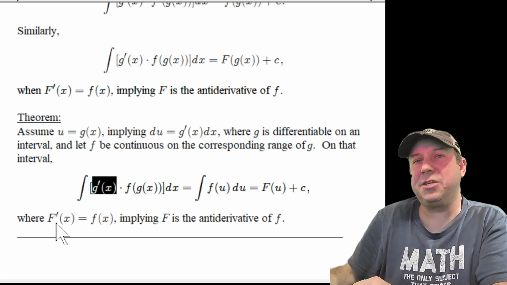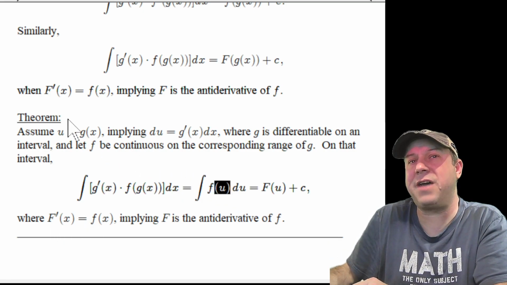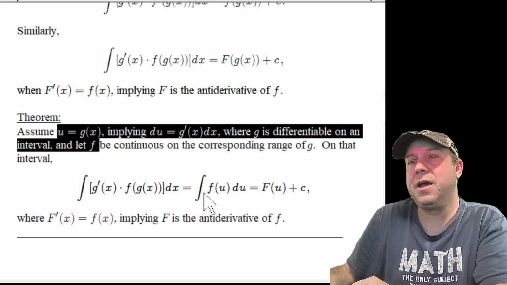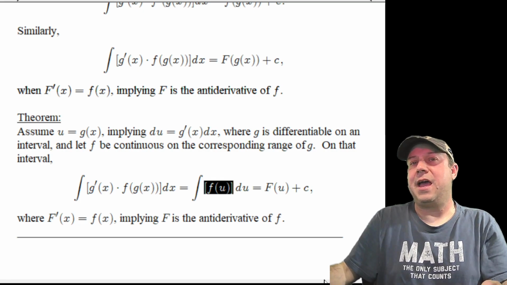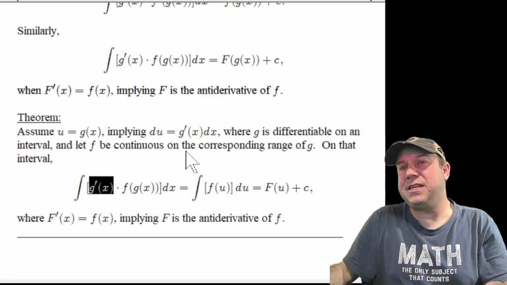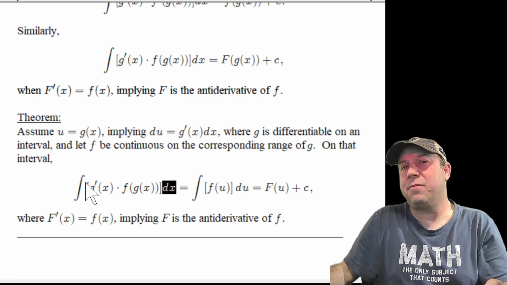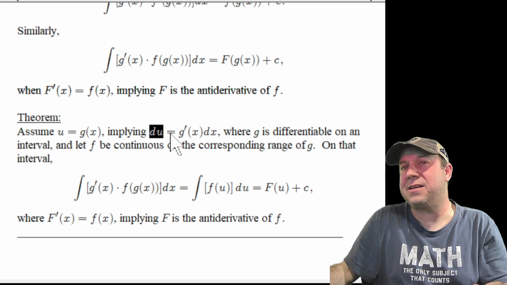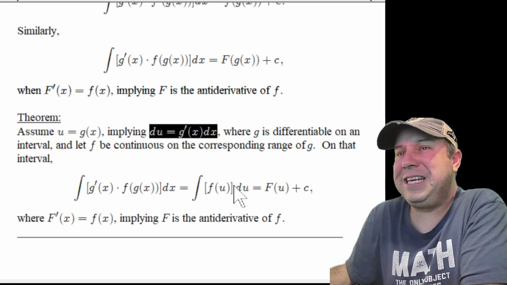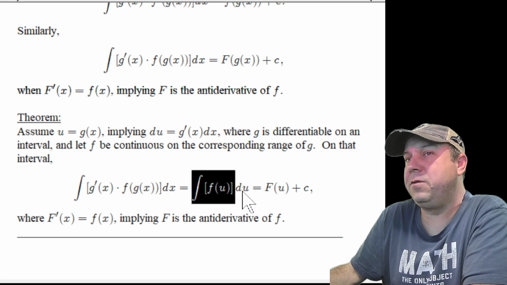With that substitution, I can substitute out this value of g of x with the value of u, and I can say my integrand turns into f at u, and the value of g prime of x dx, right, that factor times this differential with respect to x, will just be equal to du. And I can substitute in the value of du for that.